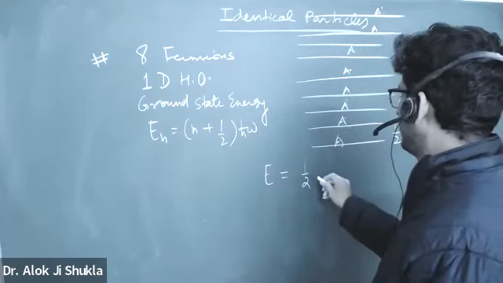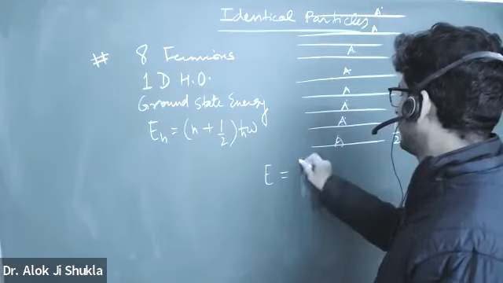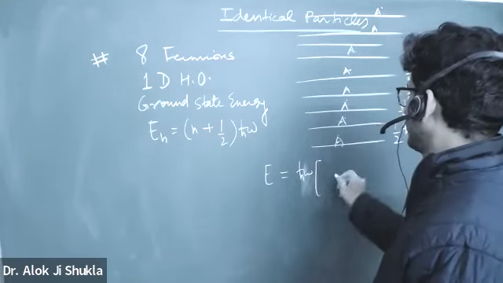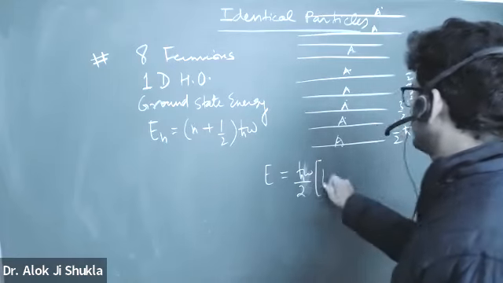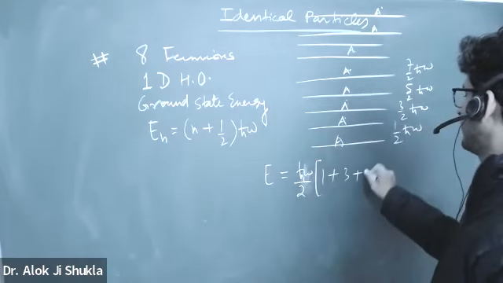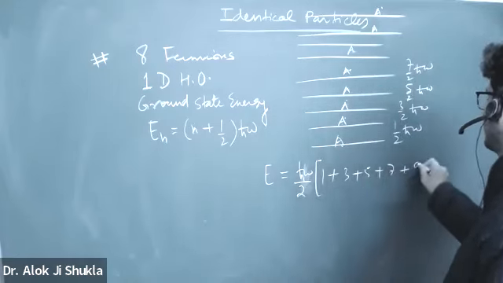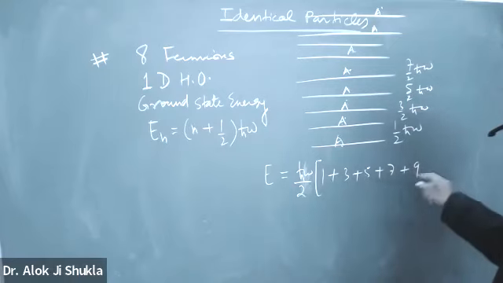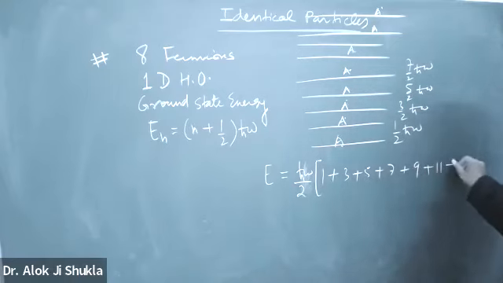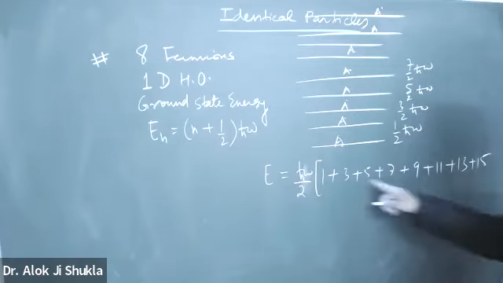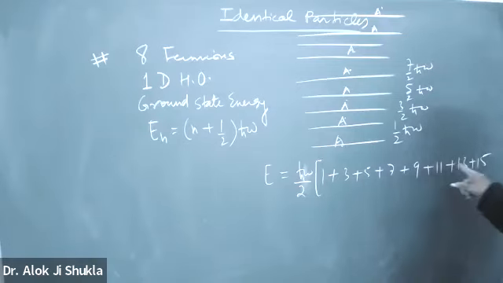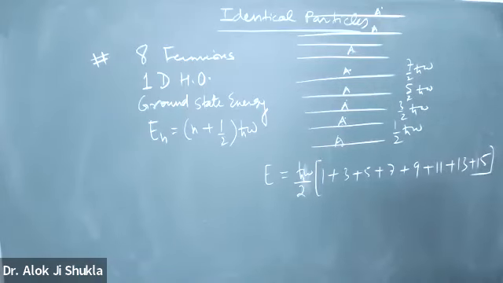half. So you can take h cut omega by 2 common. So 1 plus 3 plus 5 plus 7 plus 9, plus 11 plus 13 plus 15. 1, 2, 3, 4, 5, 6, 7, 8. So 8 fermions are arranged. Right?